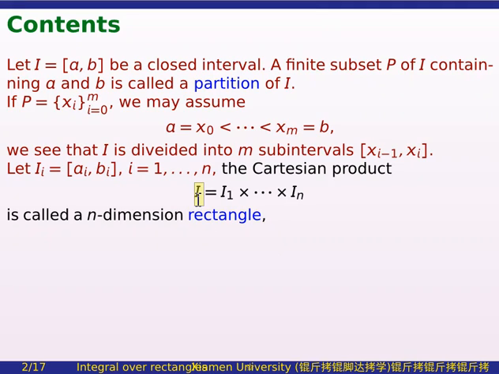A point belongs to I if the first coordinate of that point is taken from the first interval I1, the second coordinate is taken from the second interval I2, and the last coordinate is taken from the last interval In. So such a Cartesian product is called an n-dimensional rectangle.